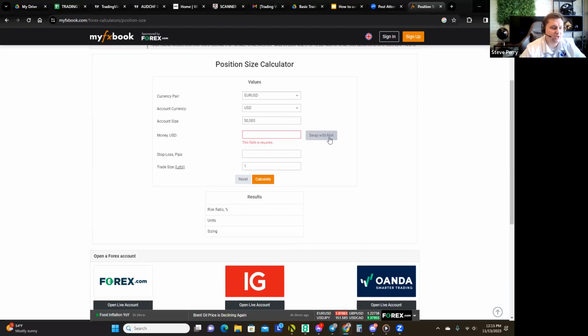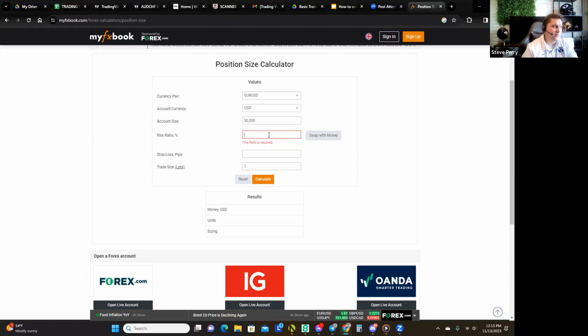Now you can change this to be a dollar amount, which is cool, or you can change it to a risk amount as a percentage. I do it as a percentage because that's how I do everything in my trading. I'm willing to allocate a percentage of my account to every single trade. And as you guys know, with the COT trades, I've been doing a quarter of 1% of my account, which basically means it's like 1/400th of my account.